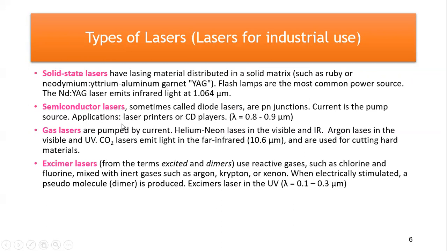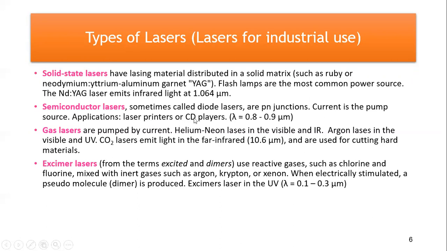Semiconductor lasers are used in applications like laser printers or CDs. In a laser printer, a laser is produced to burn the powdered material so you have an imprint on your paper, or to read your CD player.